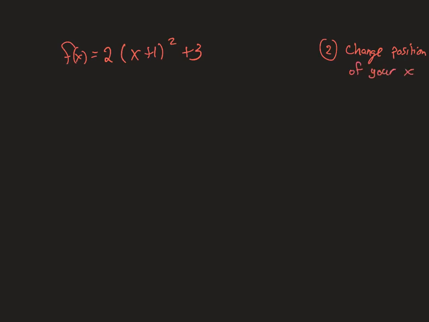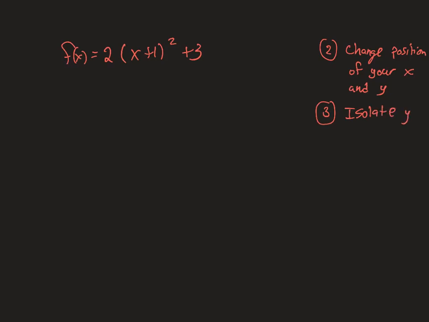All right, so we now have it in this form. Okay, so your second step is to change the position of your x and y, and isolate y.